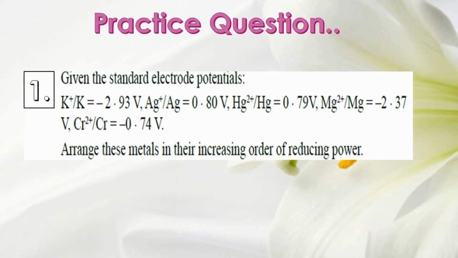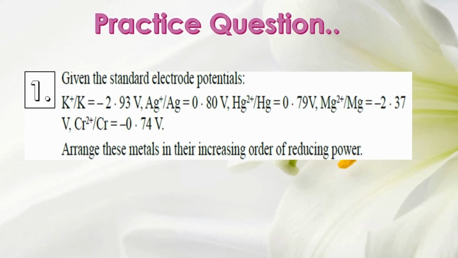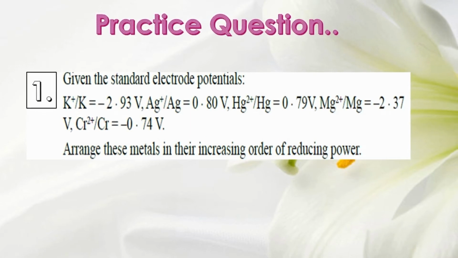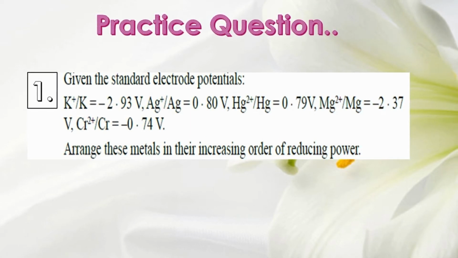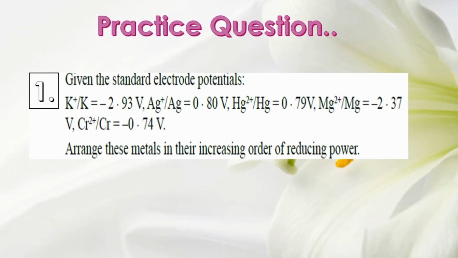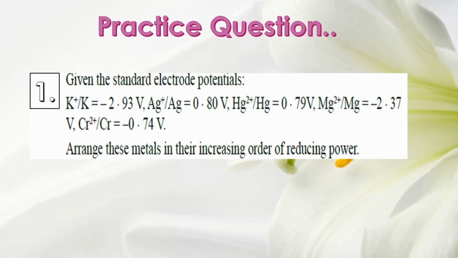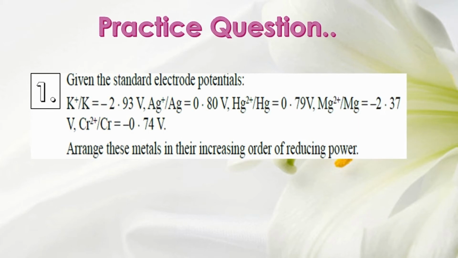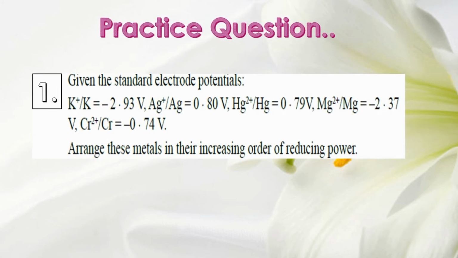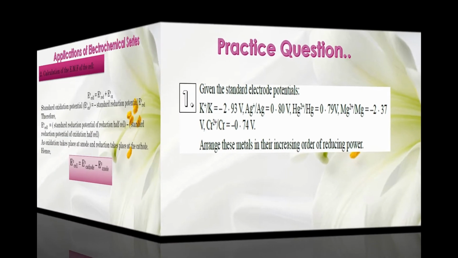So, based on this hint, you can say silver will be having lesser reducing power than mercury, chromium, magnesium and potassium. So, you question yourself why potassium has very good reducing power, because its value is more negative.